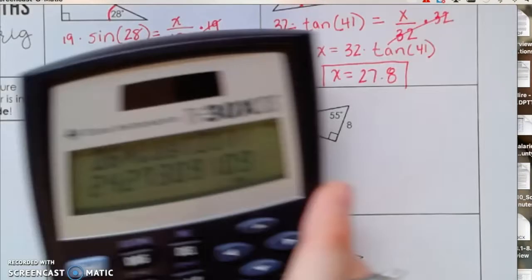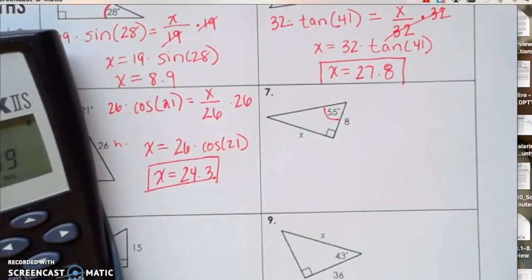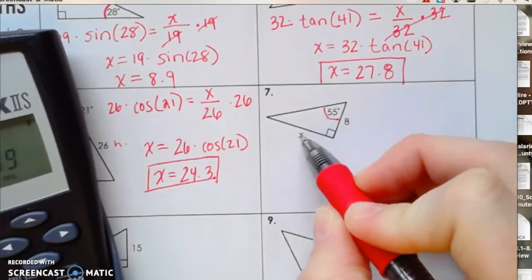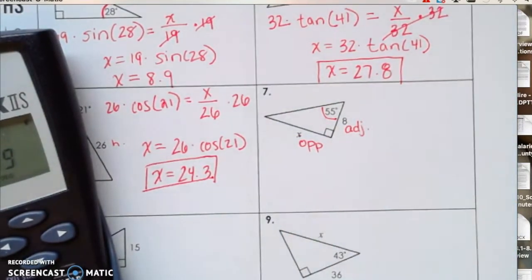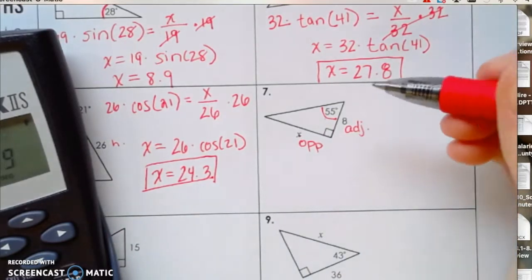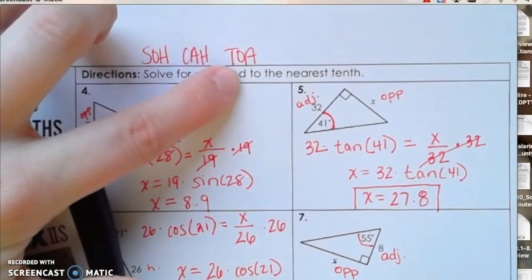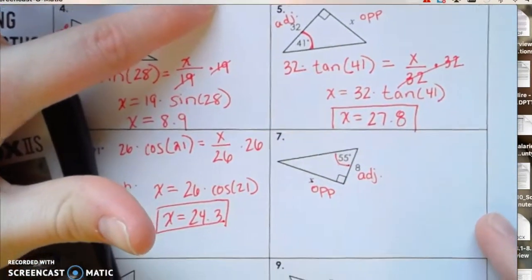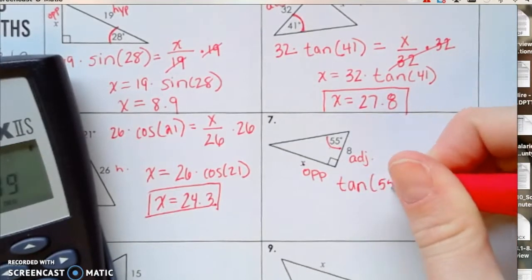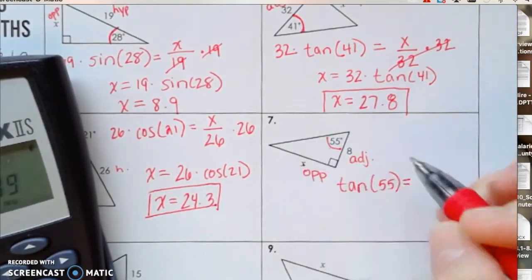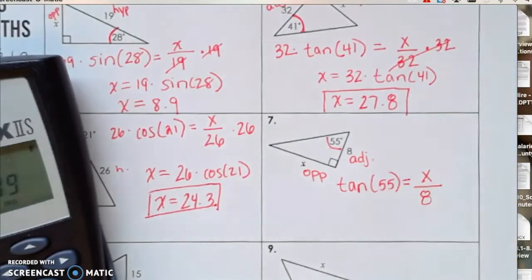All right, last one that we'll do together for right now. I'm going to use 55. That's the angle that's given to me. I have opposite and adjacent. So which trig function uses opposite and adjacent? Well, it's the one that we just used for number 5. That would be tangent. So the tangent of 55 degrees equals my opposite leg is x over my adjacent is 8.